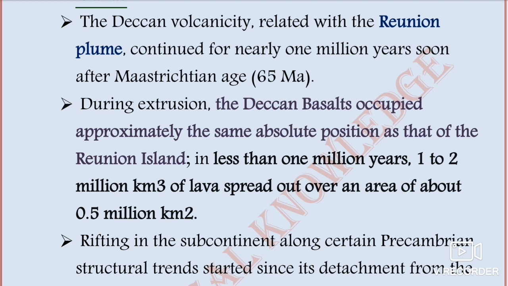In less than 1 million years, 1 to 2 million cubic kilometers of lava spread out over an area of about 0.5 million square kilometers. So you can see the extensiveness of the lava spread because of the eruption of the Deccan basalt.